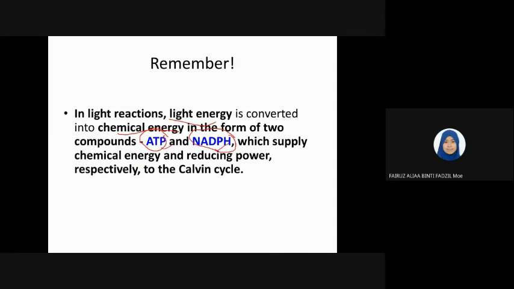And then once we got the ATP and the NADPH, this ATP and NADPH will then supply the energy to the Calvin cycle. ATP will supply chemical energy, NADPH will act as reducing power to the Calvin cycle, which is the synthesis part of photosynthesis.